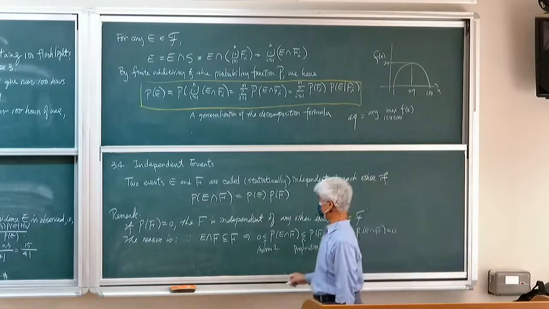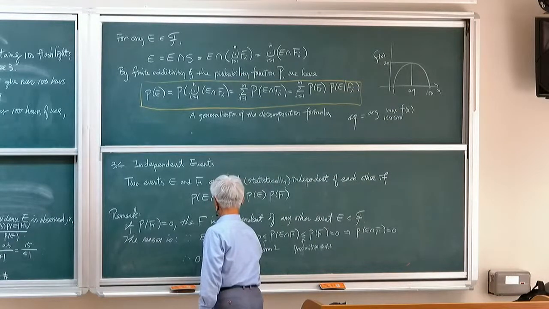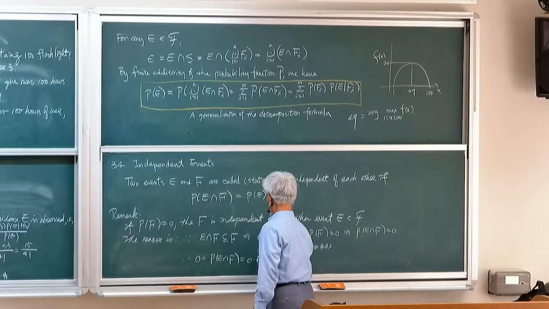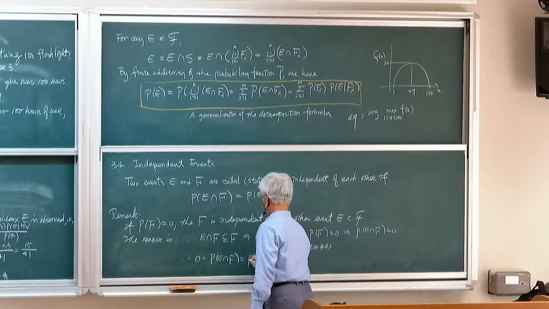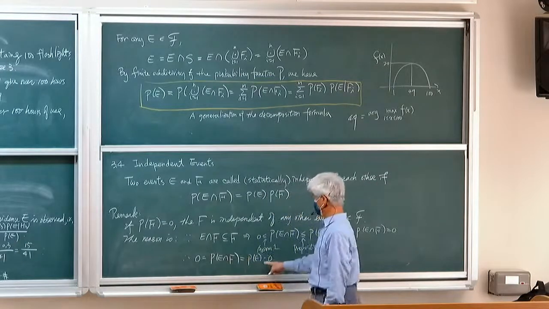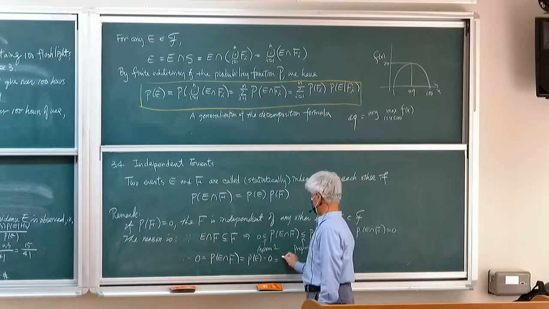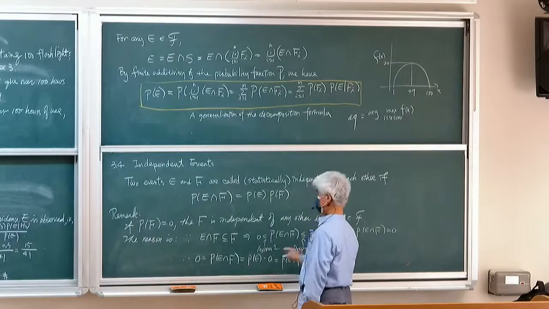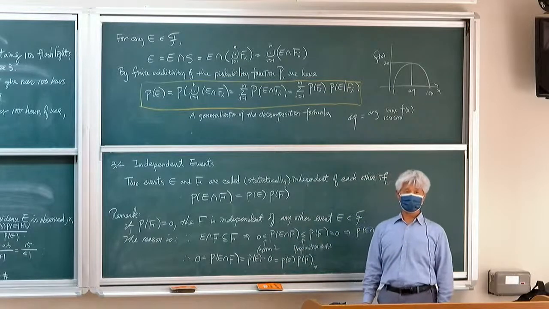Right? So 0 is equal to 0 times the probability of E. No matter what the probability of E is, this is the probability of E times the probability of F, and so it meets our requirement in that definition.